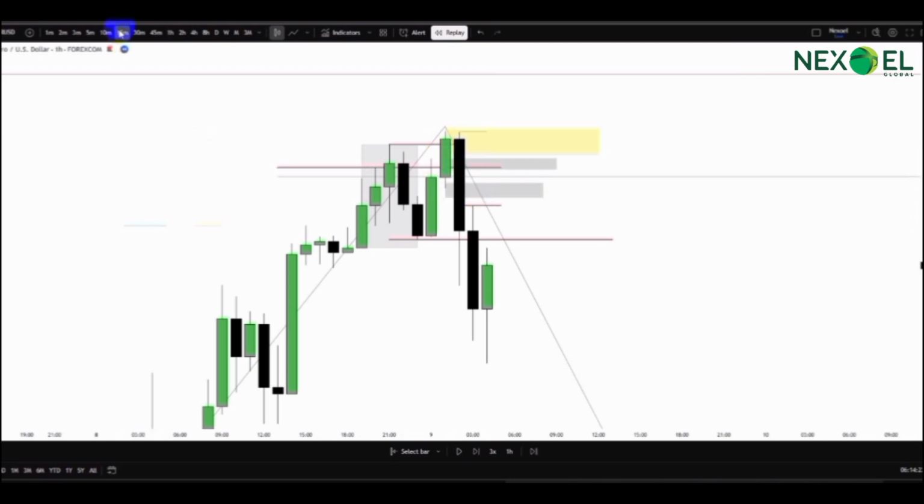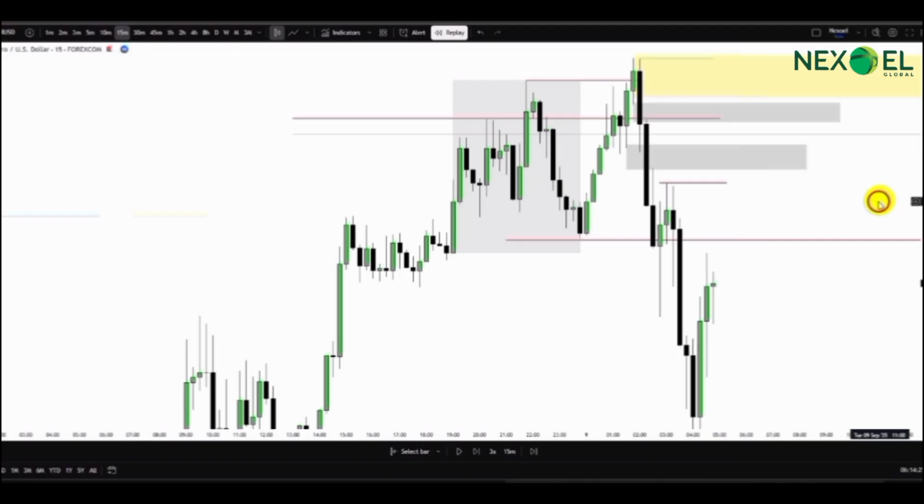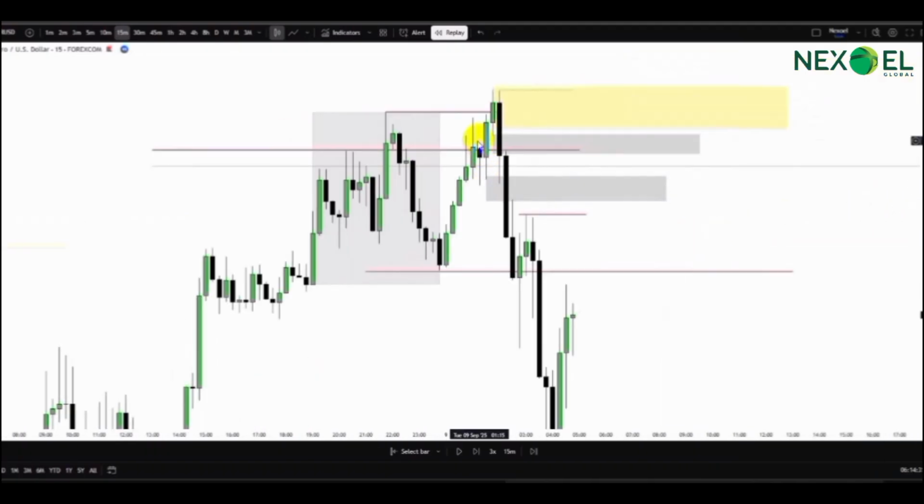When you go back to the 15-minute time frame, this was what I saw. Price gave us a sell movement before this bullish movement. So I marked this again, meaning we have a breaker here, because this is a sell movement before a bullish movement that took out this high.